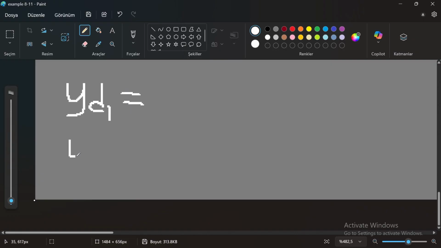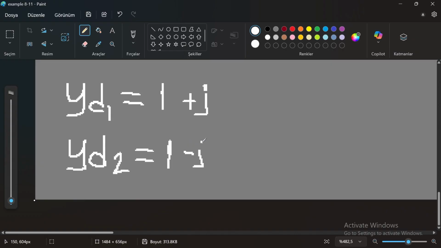Both of them have the same real value, 1. And the upside one, YD1, has plus j, and this one is minus j.